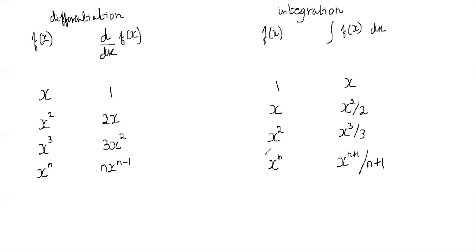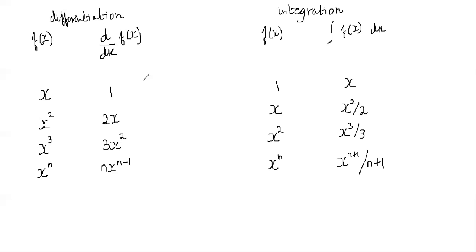You can see one more fact: if it is x square, it is reducing into 2x. In the same fashion, if we are integrating x, it is going to be x square by 2. Similarly, x square integrates to x cube by 3. So both are intertwined.